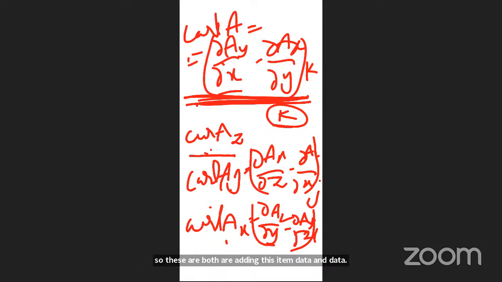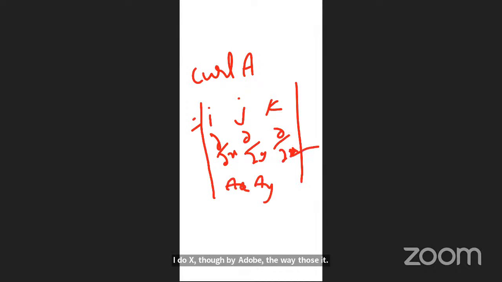This is the cross multiplication: the curl of a vector is the determinant of i, j, k; dou by dou x, dou by dou y, dou by dou z; ax, ay, az. You can prove that. This is the curl of a, the proof of the curl theorem.